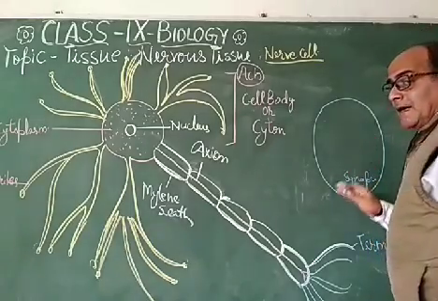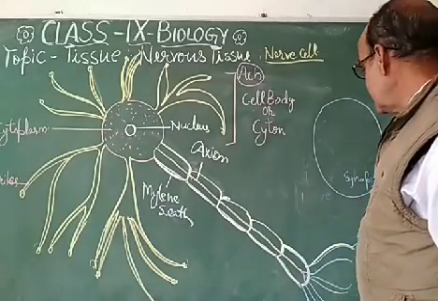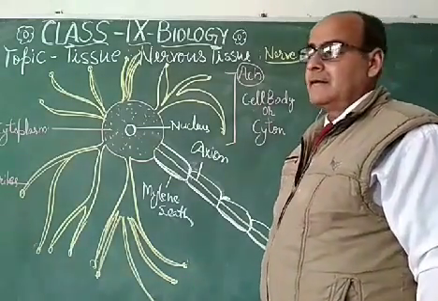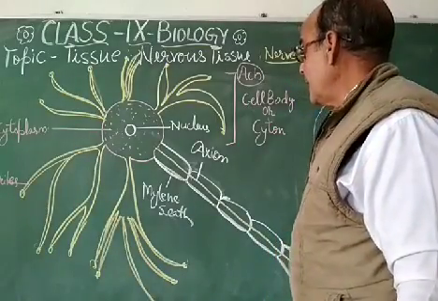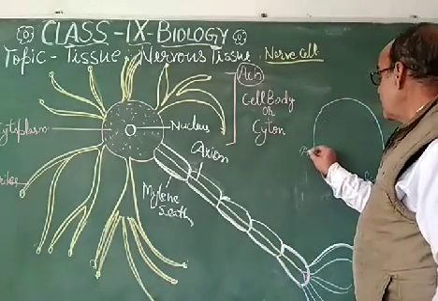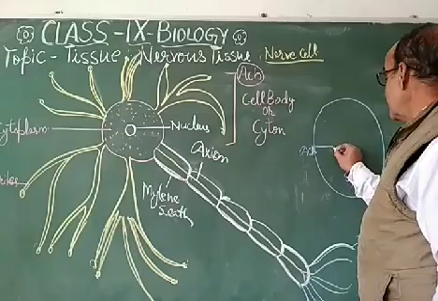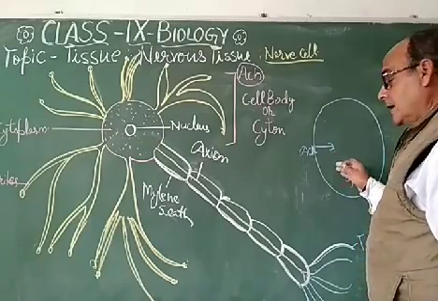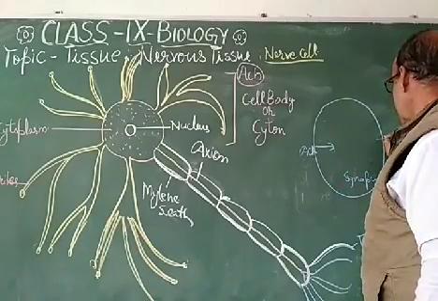The purpose of this gap is to translate the message that is coming in the form of acetylcholine, ACH, going from one nerve cell to another nerve cell.